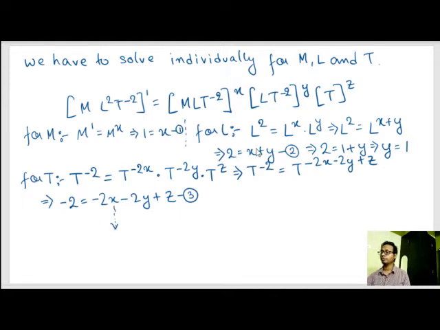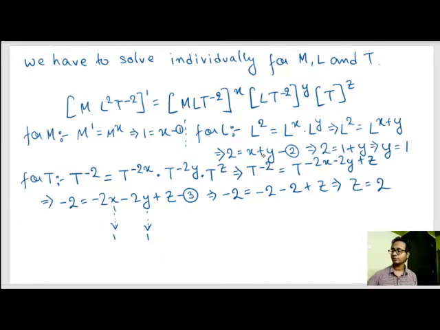From equation 1 we know x equals 1, and from equation 2 we know y is equal to 1. Substituting all those, we get minus 2 is equal to minus 2 into 1, which is minus 2, plus z, so z equals 2.